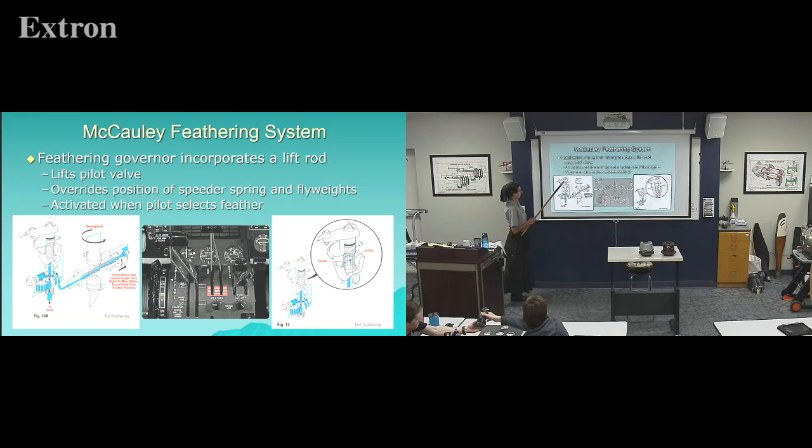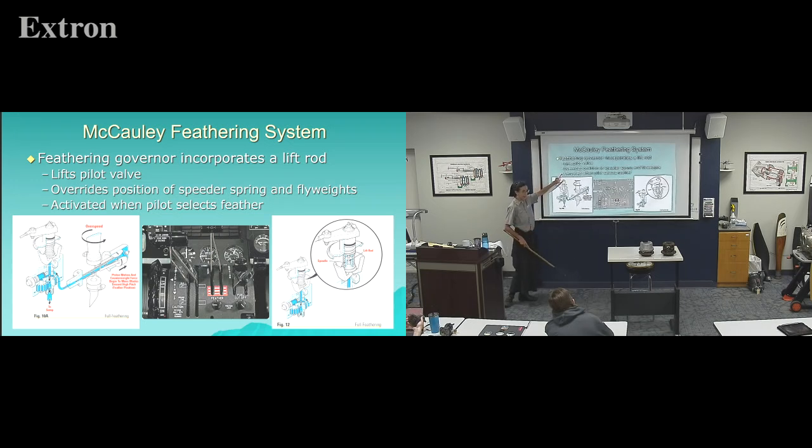So when you move that control into feather, it moves this beyond the normal high pitch position and lifts up on the pilot valve. So now, instead of just oil coming out, relieving pressure, all the oil is completely drained out so it can go beyond normal high pitch into feather.